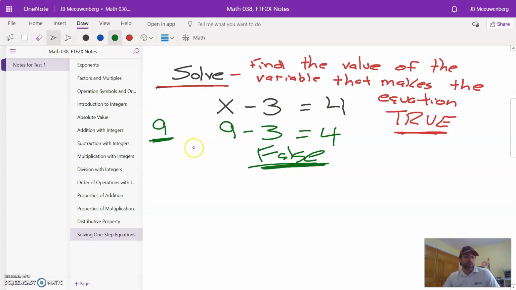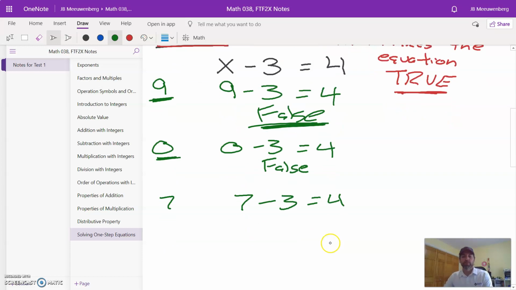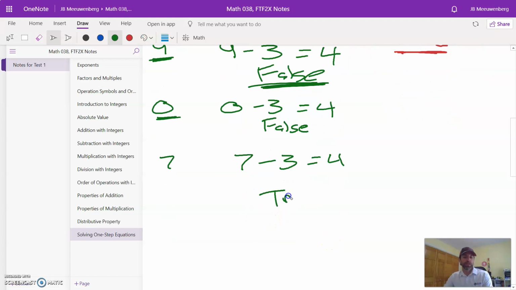Other numbers. 0. Let's pretend, what if 0 is the value of x? 0 minus 3 equals 4. That's another false statement, right? And now I imagine somebody saying 7. 7 minus 3 is equal to 4. Well, that right there is a true statement.